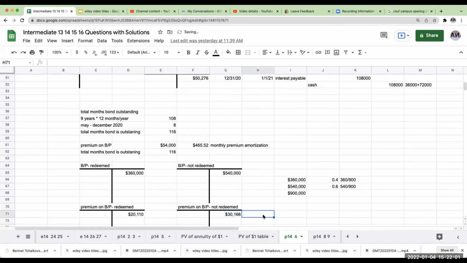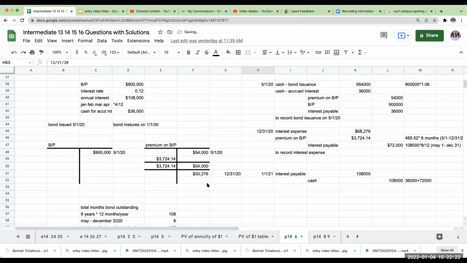I want to make sure that these add up to the 50,276, and that these add up to the 900,000. And we can put on dates right over here, 12/31/20. Okay, so now we've split it up.